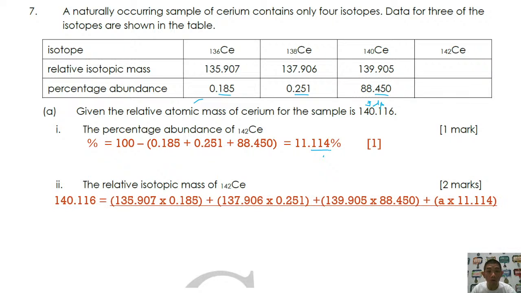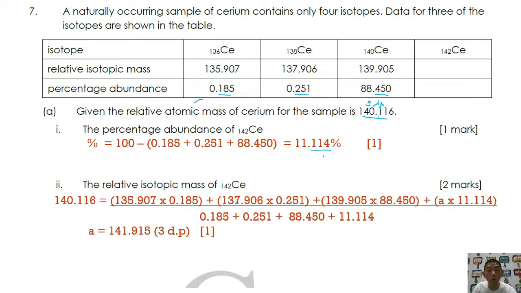So you use the overall one, because you're already given the RAM is 140.116. So 140.116 equals the summation of the total isotopic mass over the percentage of abundance. So eventually you can get your answer of A as 141.915 in 3 decimal places.